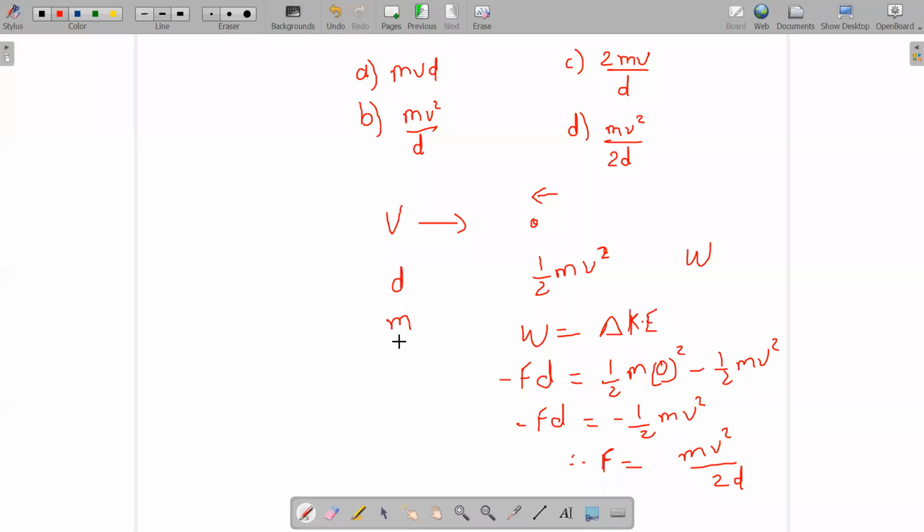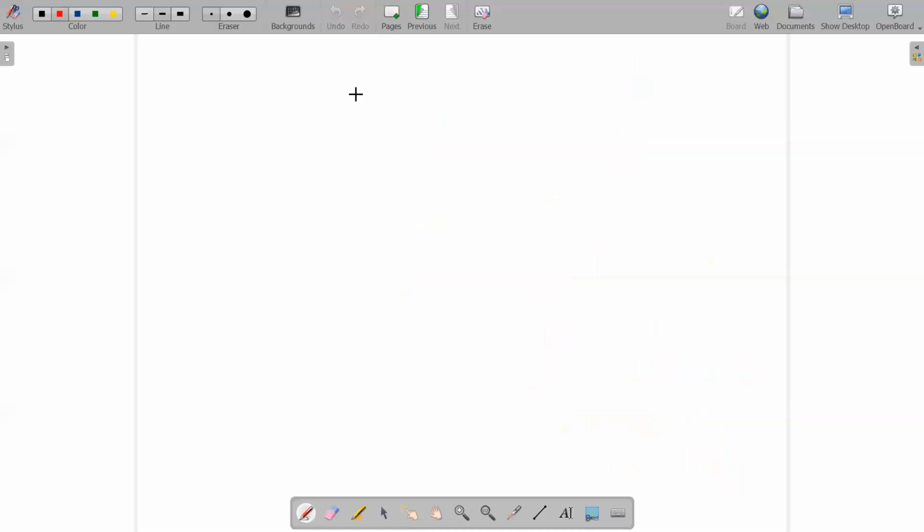Then I wanted to do one more small question. Write down the question. It's completely theoretical. The question says, work done by centripetal force. The first option is increases by decreasing the radius of the circle.